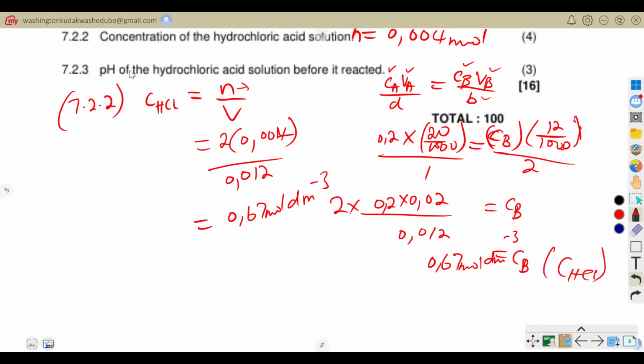Now they are saying calculate the pH of the hydrochloric acid solution before it reacted. How do we calculate pH?